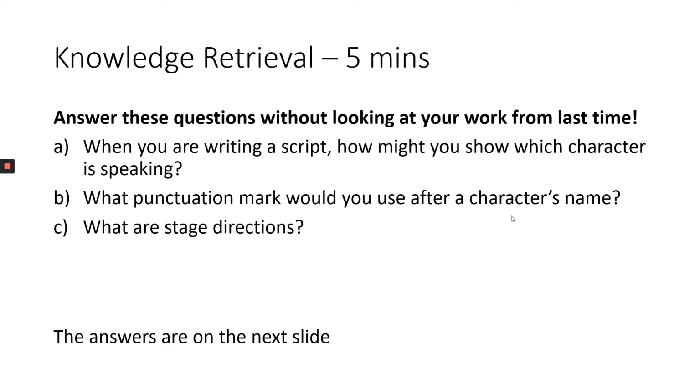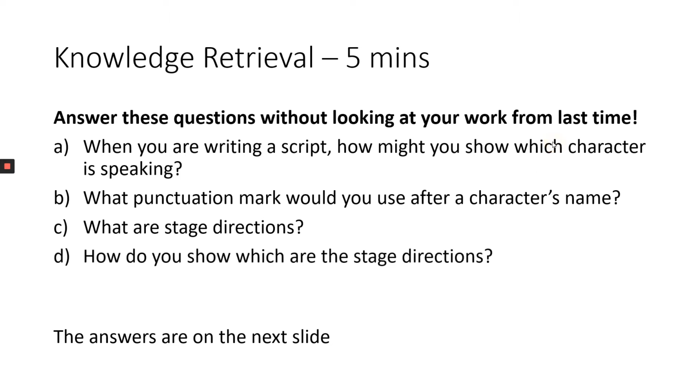Now, if you did the quiz last week, you should find this answer very easy. Stage directions are. Question 4, or D. How do you show which are stage directions?